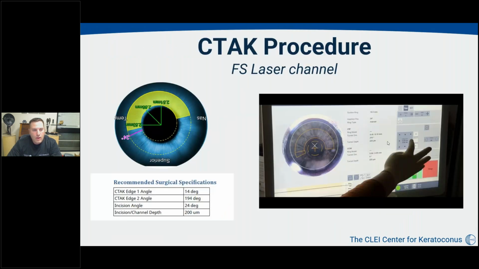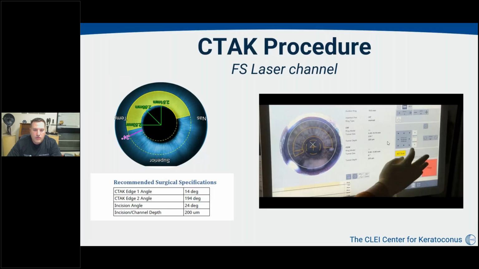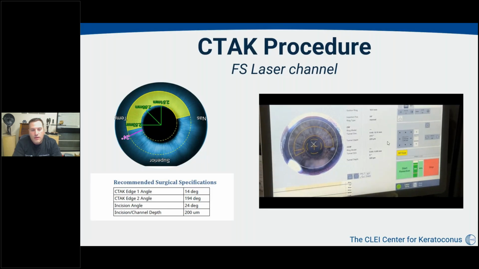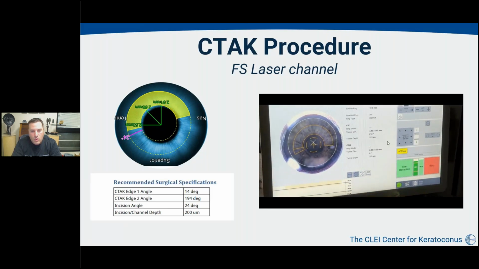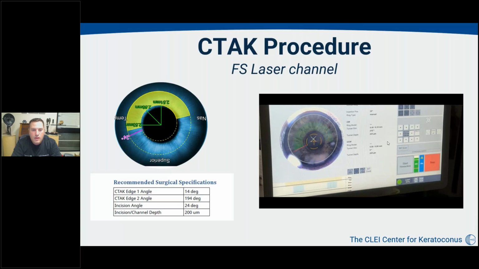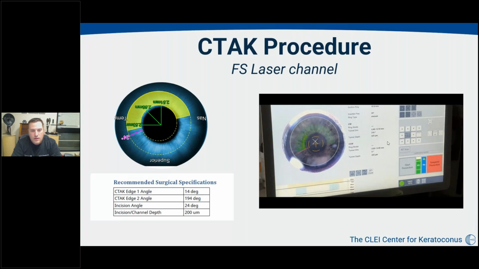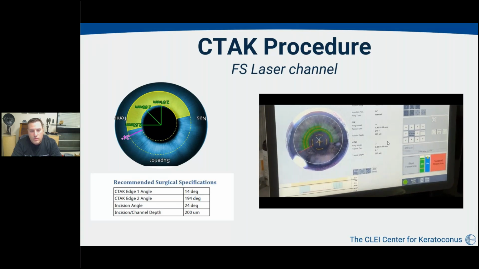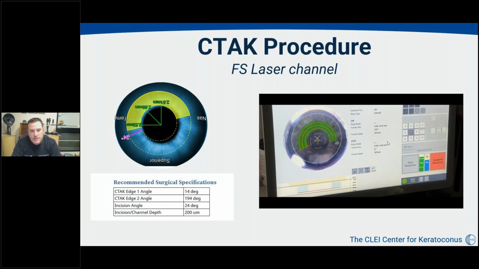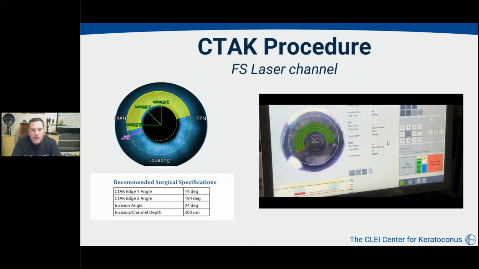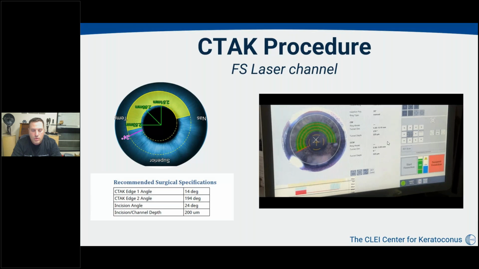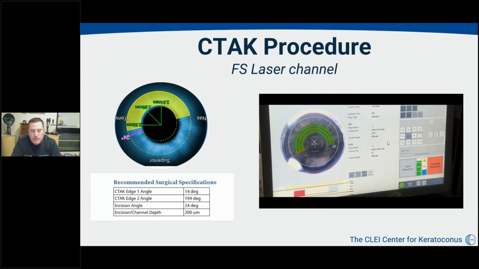So here's one example of decentering, trying to follow that violet mark that we've now made on the cornea. Once we find that mark, we can then create the channel. And in this case, with the Z8 laser, we can make a channel that is exactly to the specifications of a CTAK inlay with an incision on both sides to help us manipulate that inlay.